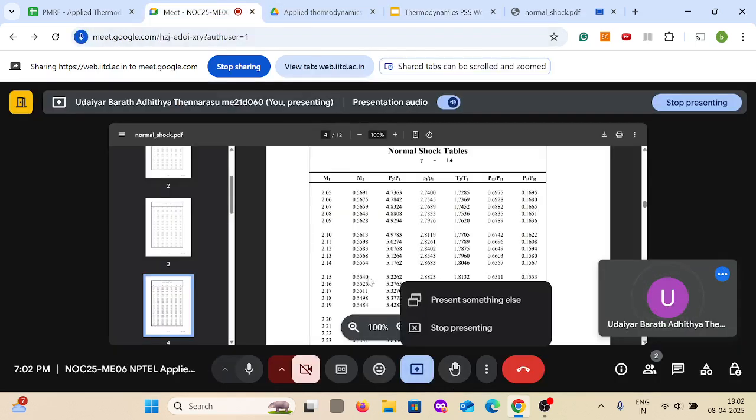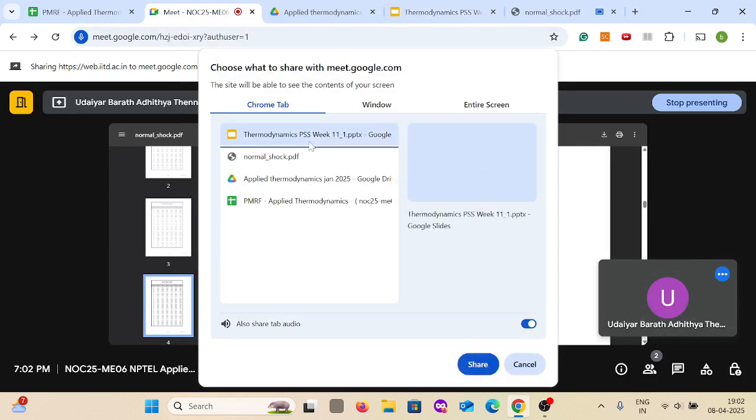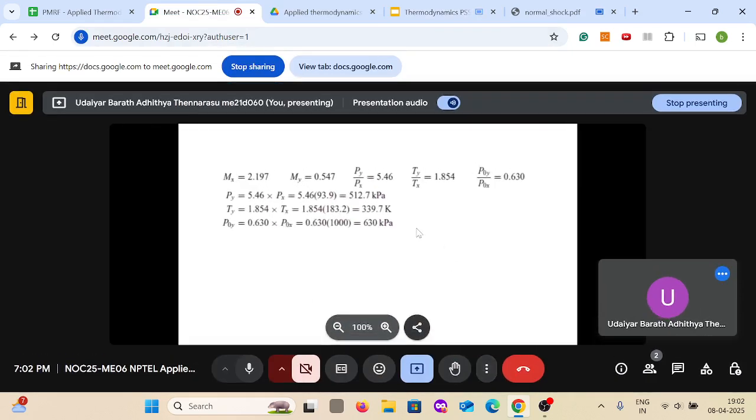Then we get Py is 5.46 times Px, so 512.7 kilopascal, and then Ty is 1.854 into the upstream temperature, so 1.854 into 183.2, which gives you 339.7 Kelvin.